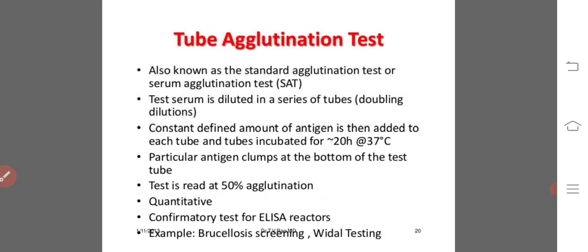And coming to the tube agglutination test, it is also known as the standard agglutination test or serum agglutination test (SAT). Test serum is diluted in a series of tubes, double dilution method. Constant defined amount of antigen is then added to each tube and tubes incubated for 20 hours at 37 degrees Celsius.